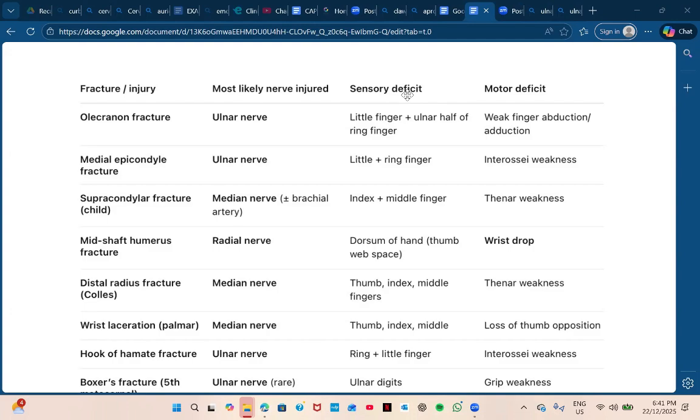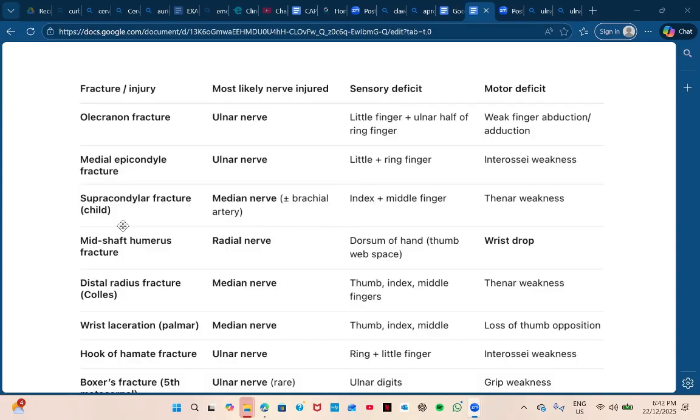Yes, it's the anterior interosseous branch. Please remember, supracondylar fracture is usually seen in children.